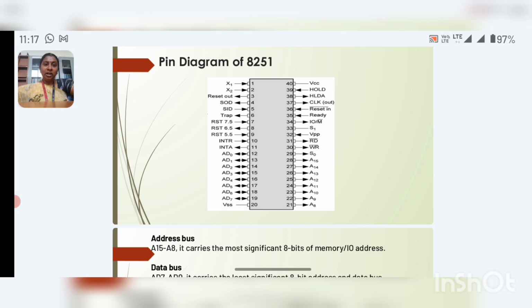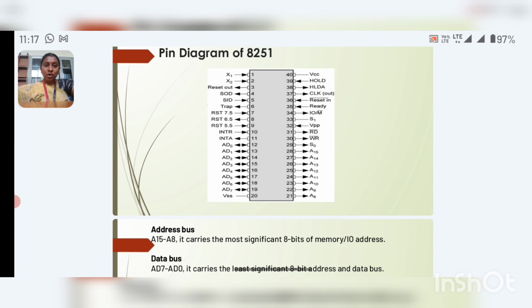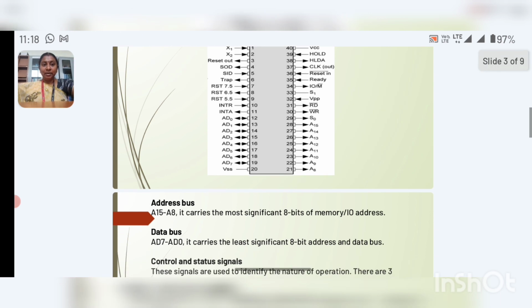These three pins are TRAP, RST 5.5 to 7.5, INTR or INTA. These are interrupts. This is used if the data is transferring from one place to another place. If there is any noise or anything intermittent, these interrupts will be enabled. These are the various interrupt enables.